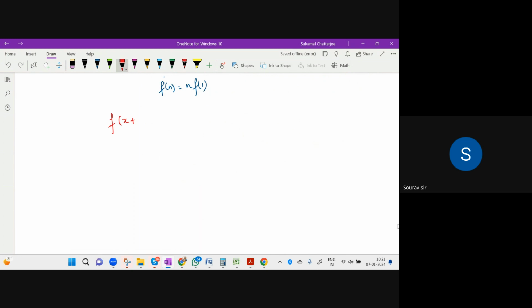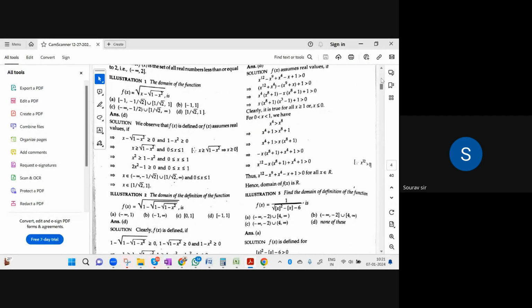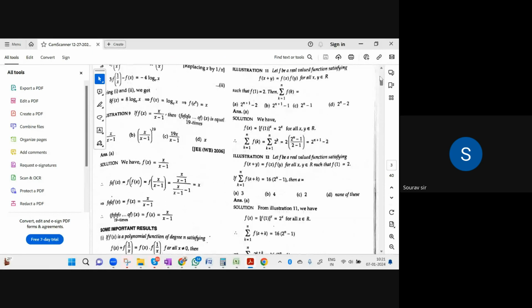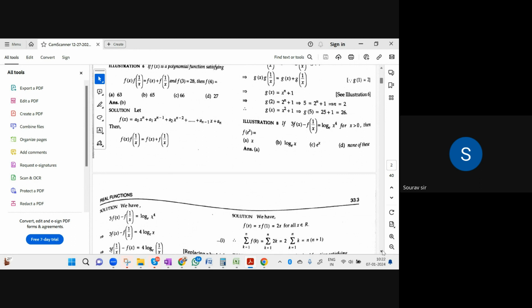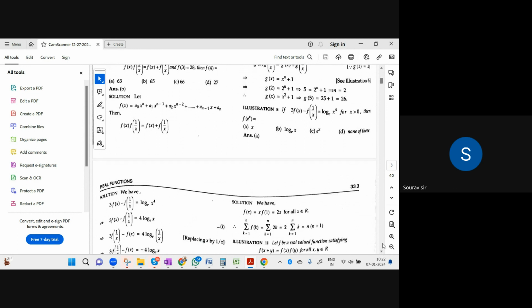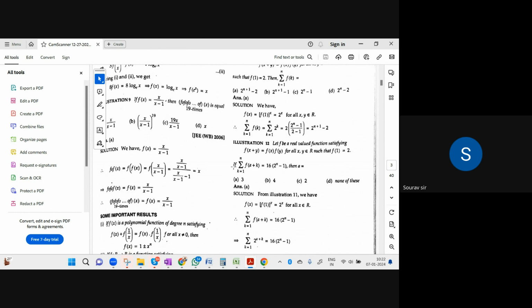f of x plus y is equal to f x into f y. Let me take one question from here: 2 to the power k, f k.